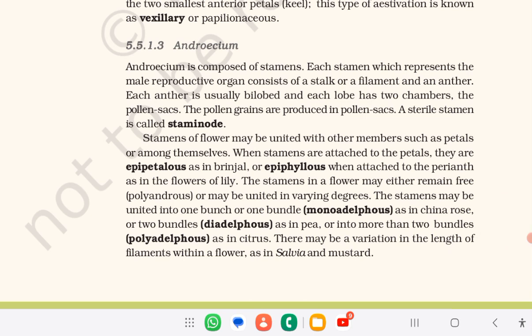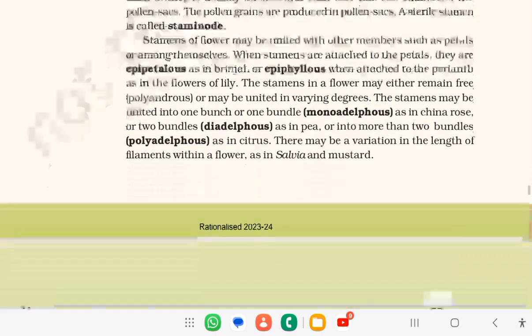There may be a variation in the length of filaments within a flower, as in salvia and mustard.